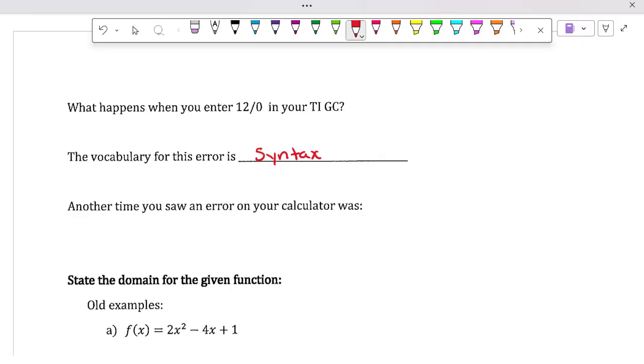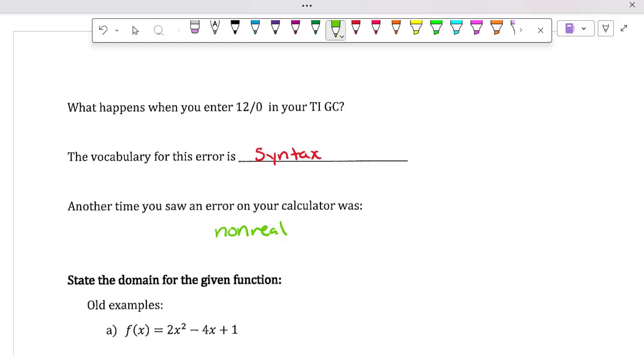Now, the other time that you saw an error on your calculator was when it said non-real. Like if we took the square root of -4, it would tell you non-real. So what this means is that if we divide by 0, it's not even going to say it's an imaginary number.